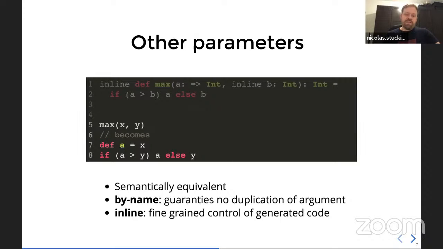So the difference here is that with the normal by-name, we're guaranteed that the compiler will do exactly the same as it usually does and will not start duplicating the code that is inside of the parameter. If we passed something, so a really long code instead of x, we would have to duplicate all that code. But instead, with inline, we'll just say, trust me, I know what I'm doing. I'm going to inline it, and maybe I'm going to use the knowledge of what b is and remove it completely from the code.